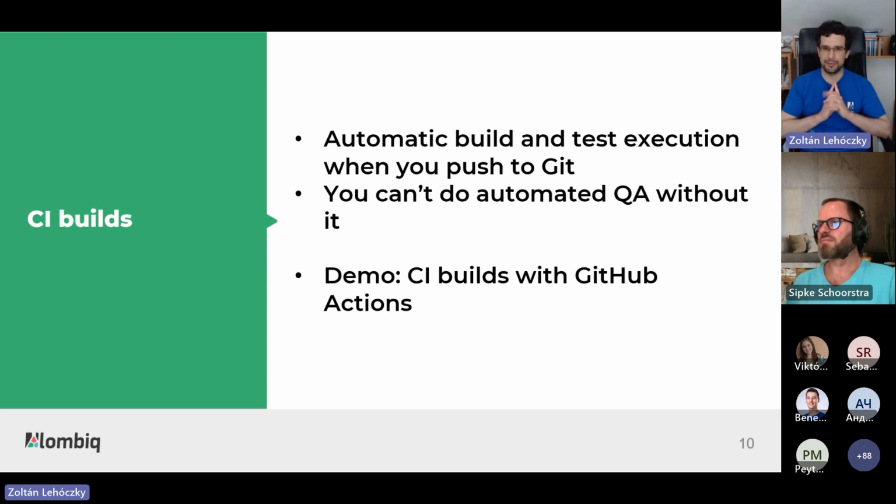But CI builds is more interesting. CI builds are about automatically building and running the tests for your application on pretty much every push, or at least when you open a pull request. And you need this if you want to do automated QA. It won't work in any other way, because if you don't have CI builds, then nobody will reliably run the tests, at least. So you need it.